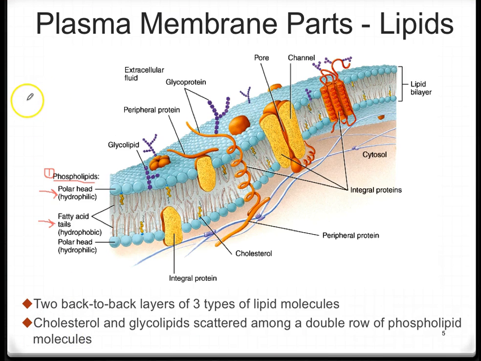Glycocalyx. What the glycocalyx does is form a sugary coat, because it's mostly sugar and fat and protein.